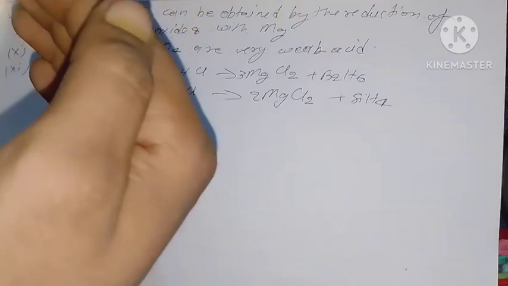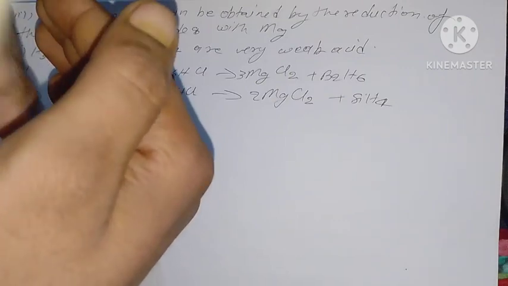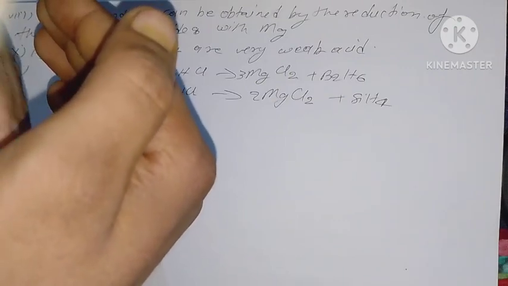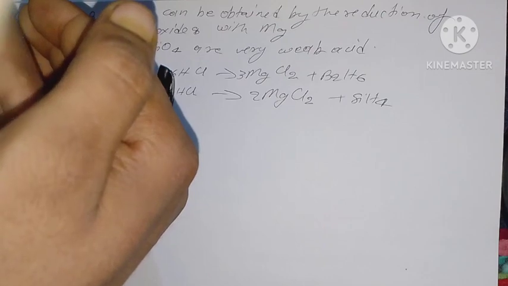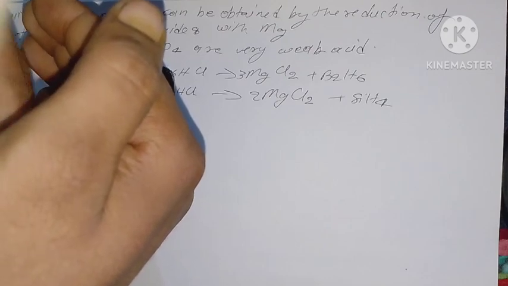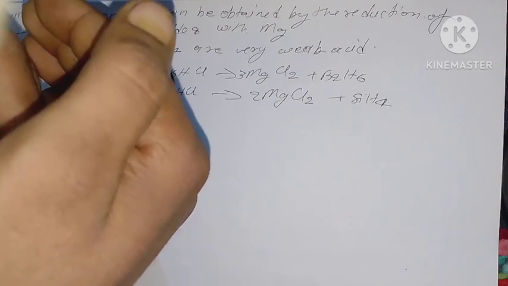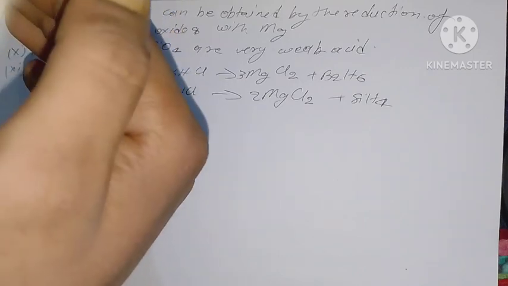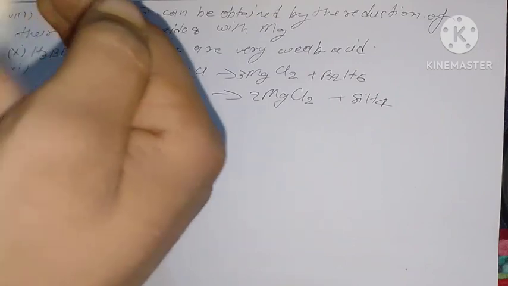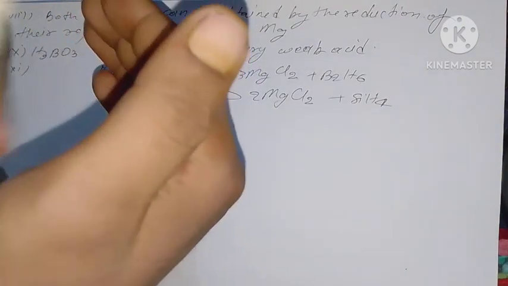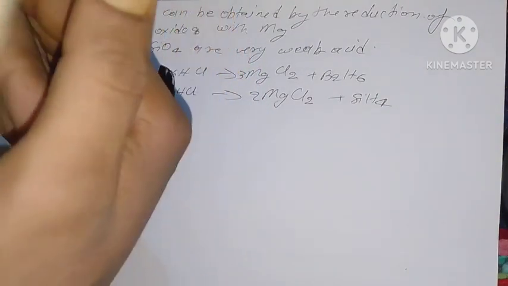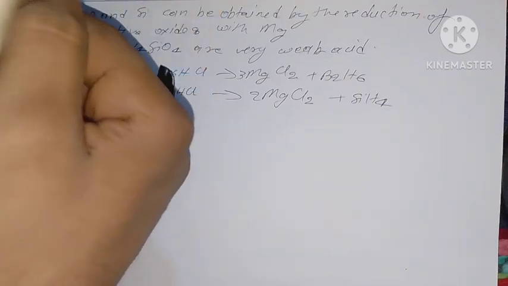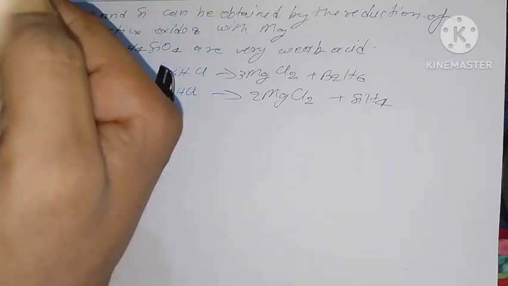Both form covalent chlorides which are hydrolyzed in aqueous solution. Boron trichloride and silicon tetrachloride are covalent and monomeric. Boron has empty p orbitals and silicon has empty d orbitals.